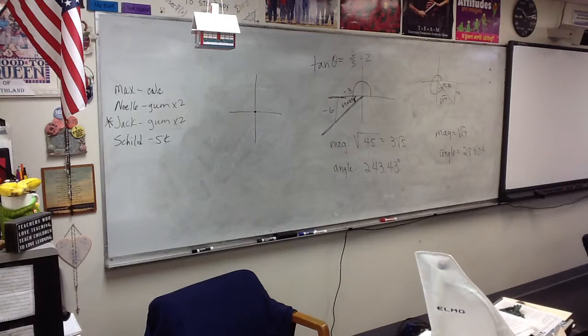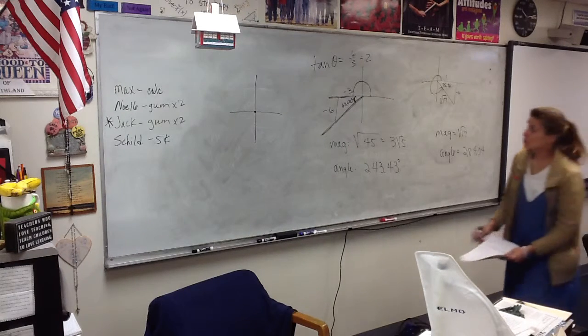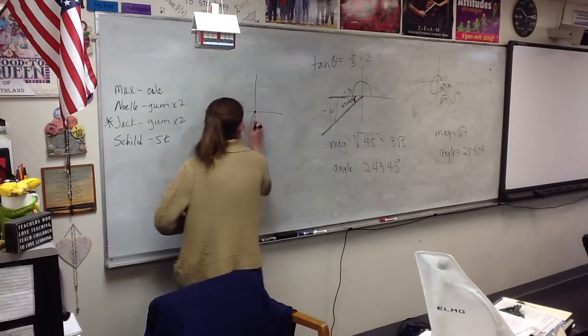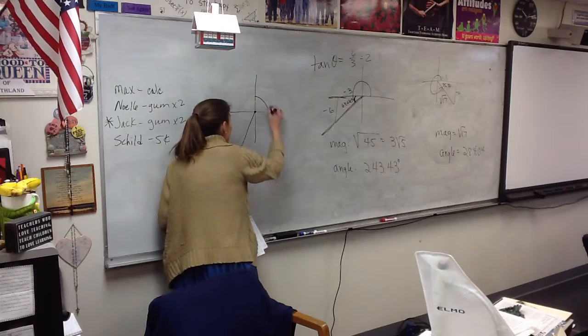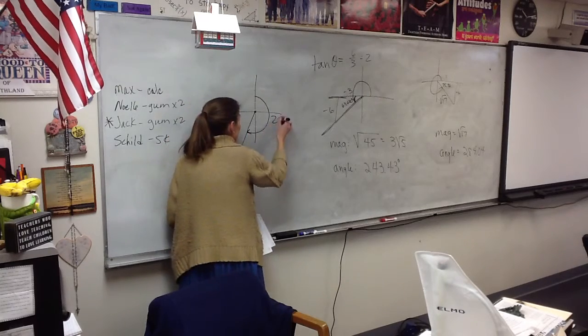In airplane land, this is 0. This is 90. This is 180. So won't 200 be somewhere over here like this? This angle is 200.